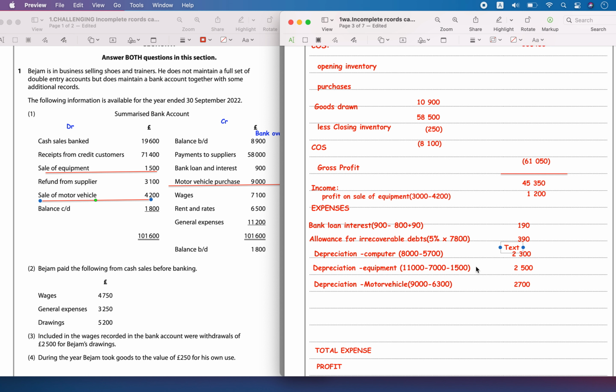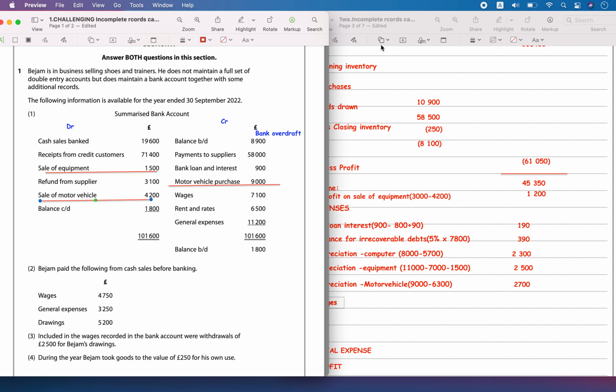There were also wages that were paid. Okay, so let's talk about the wages. So wages is equal to 7,100, and here there is 4,700. So let's underline all the wages here.